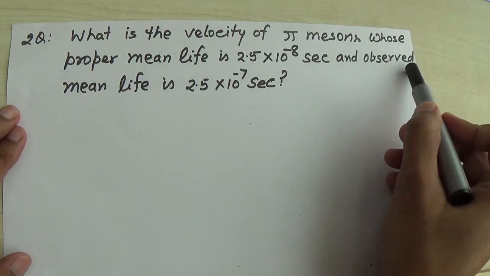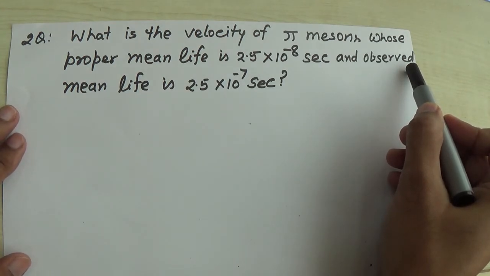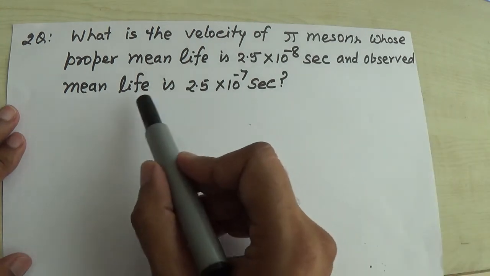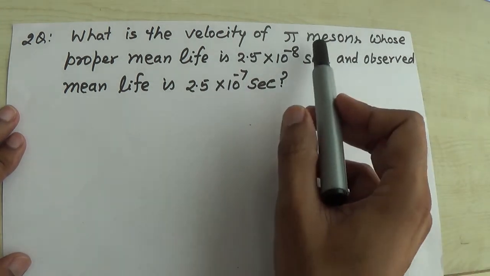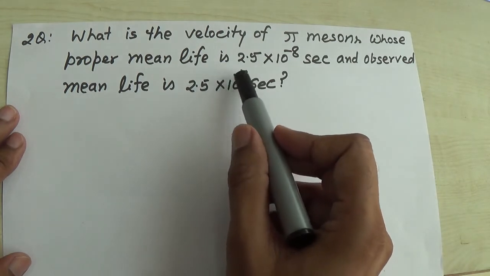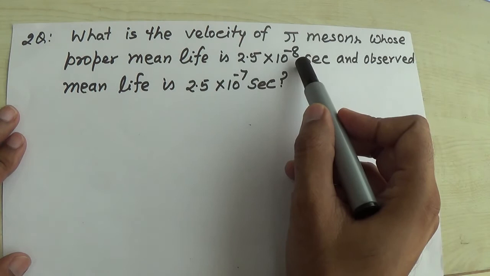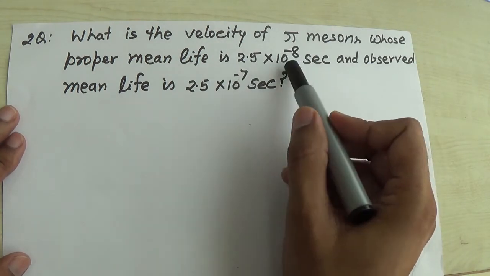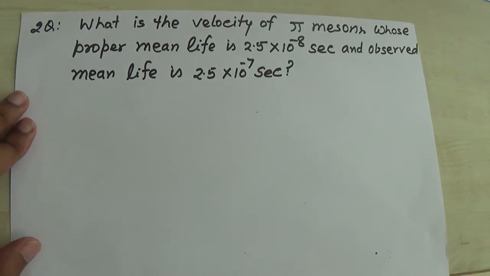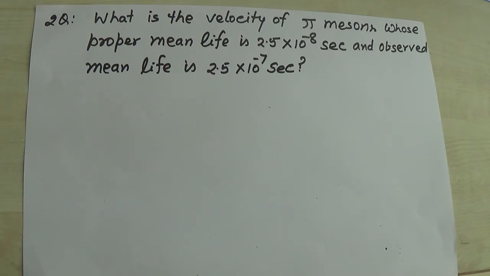They mention observed, that means a scientist who is sitting in the experimental lab measures the lifetime of this pi meson as 2.5 into 10 raised power minus 7 second, and that is larger as compared to the proper time. So in this numerical problem also there is no confusion between t and t naught.